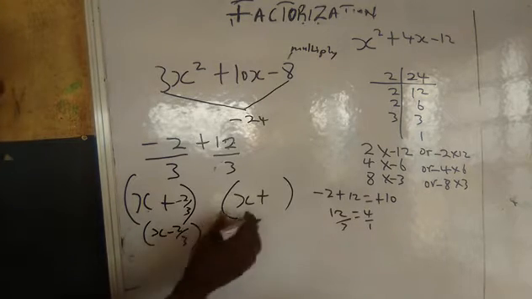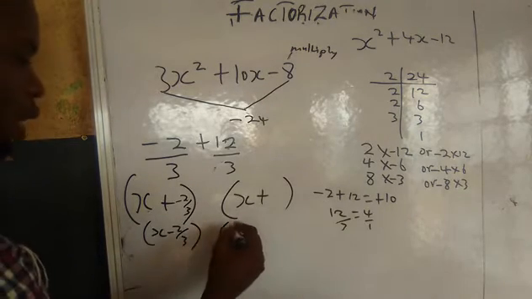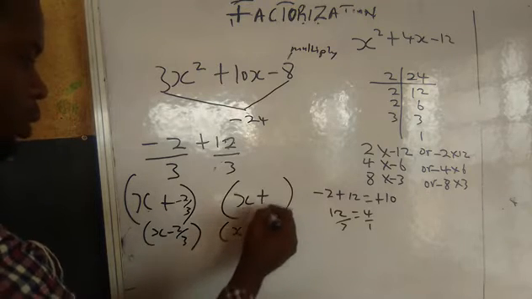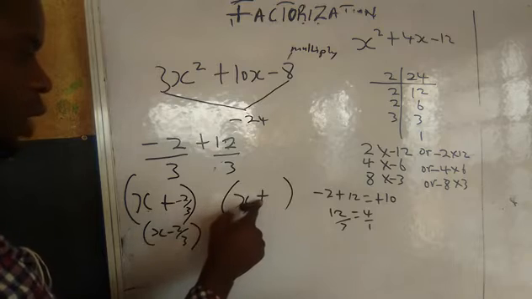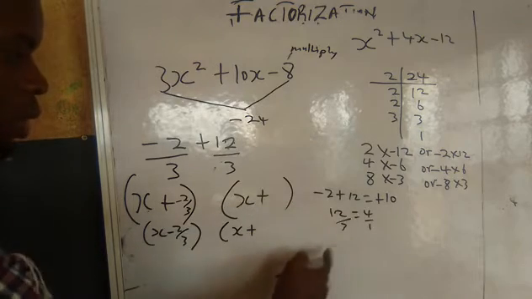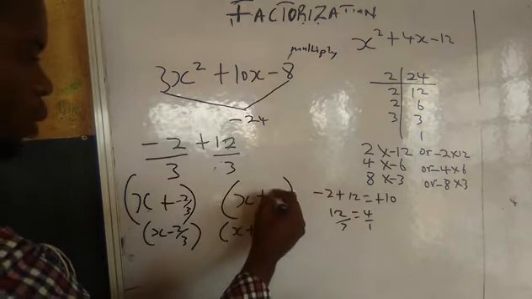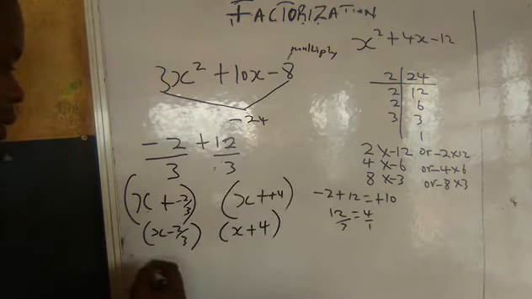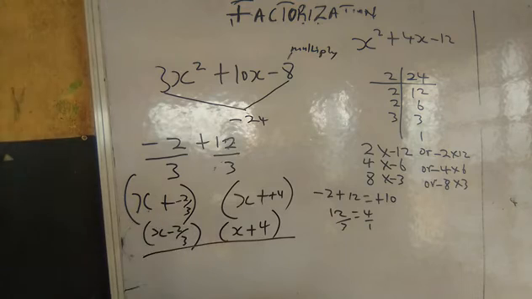That's for this. Then for this, my answer is 4, so I'll have x plus 4. So this is my final answer: x minus 2 over 3, then brackets open, x plus 4.